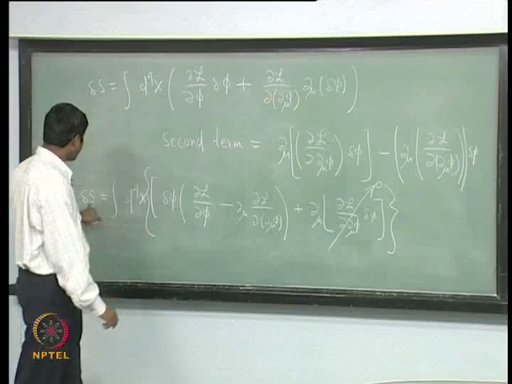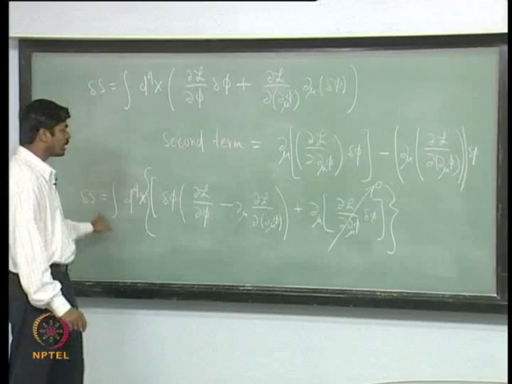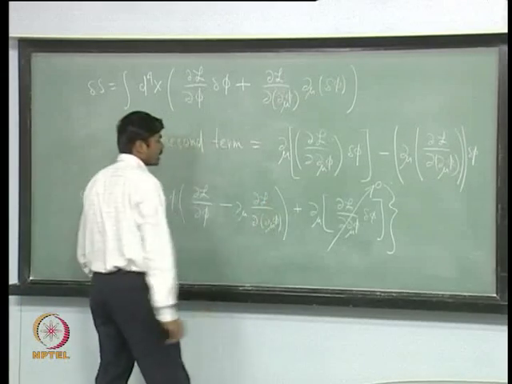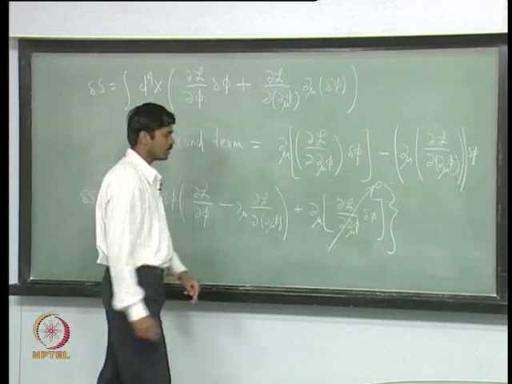Hence, by varying the action, we got the Euler-Lagrange equation, which is this quantity inside the bracket equal to 0.